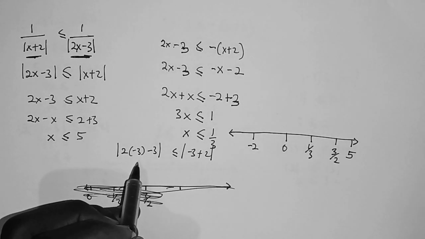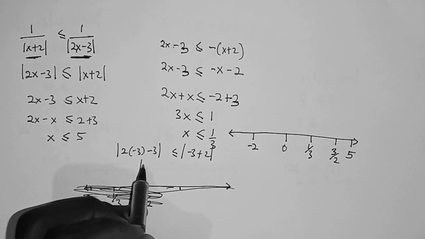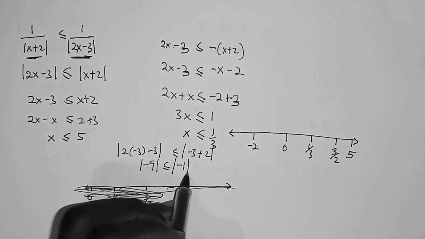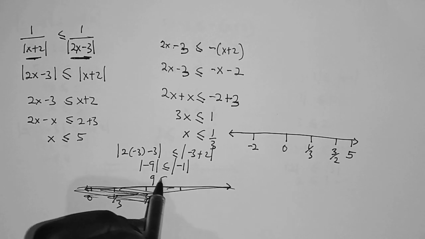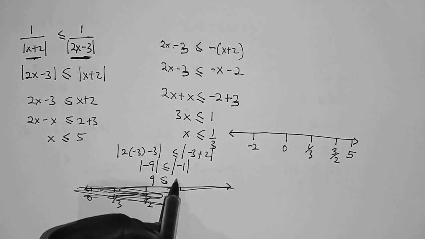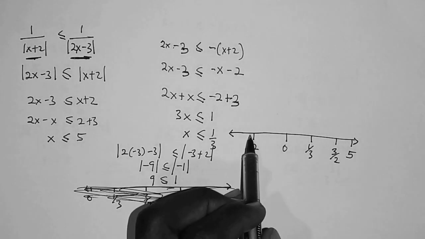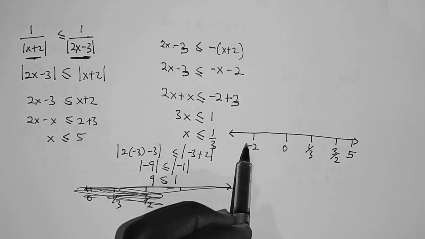So 2 times minus 3 is minus 6. Minus 6 minus 3 is minus 9, less than or equal to minus 3 plus 2 is minus 1. So absolute value of minus 9 is 9, and absolute value of minus 1 is 1. But it is not true that 9 is less than or equal to 1. So the values less than minus 2 are not solutions.